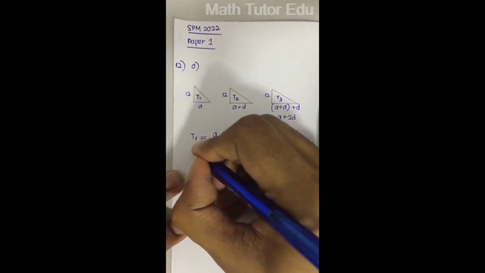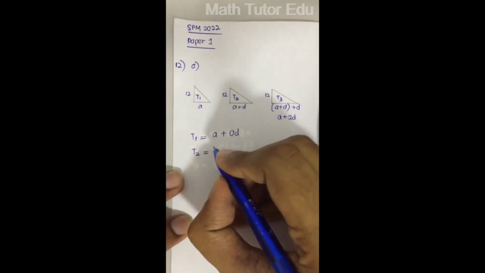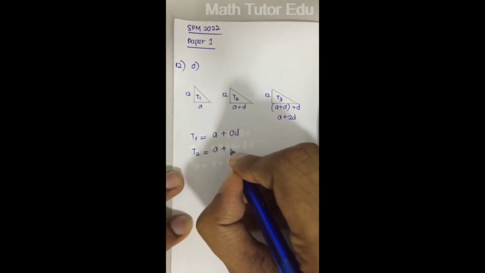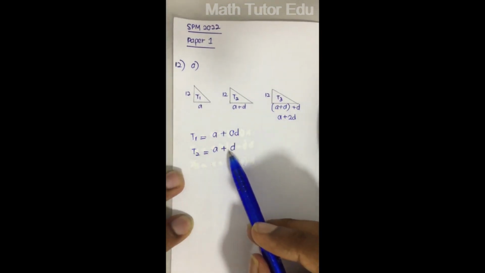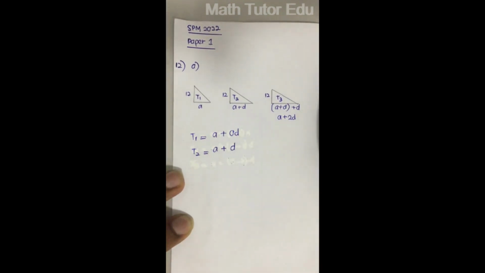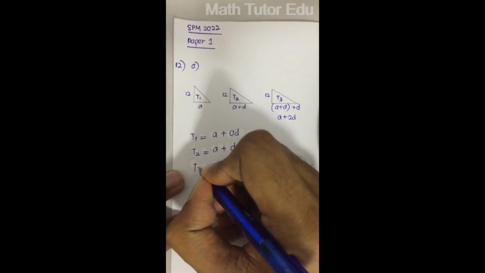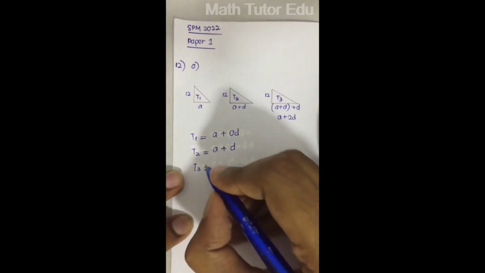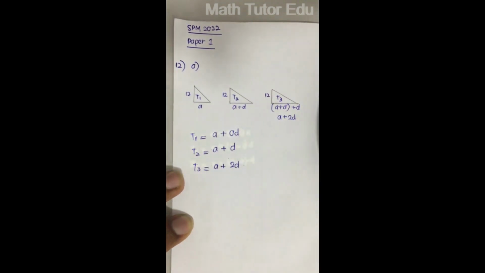For the second triangle, it equals a plus d. Of course we don't write 1d, it is understood that the coefficient of d is 1. For the third triangle, the length of the base equals a plus 2d.